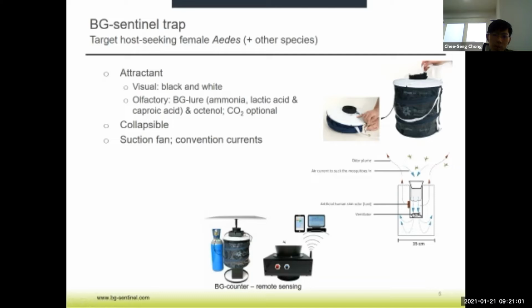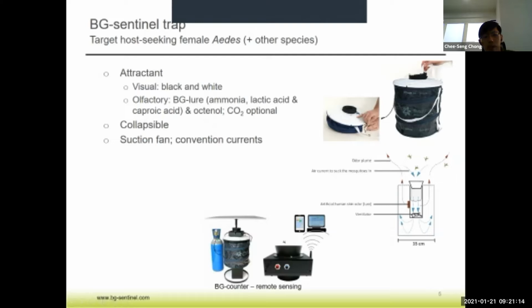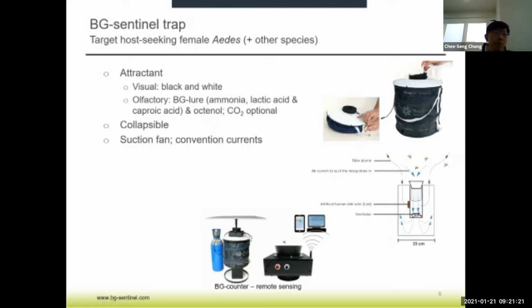So the trap acts both as pushing the lure out as well as sucking the mosquitoes into the trap itself. Recently, BG has also developed what they call remote sensing, where you can add what they call a BG-Counter onto the trap itself.